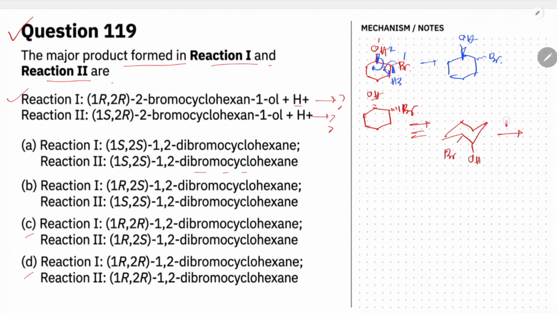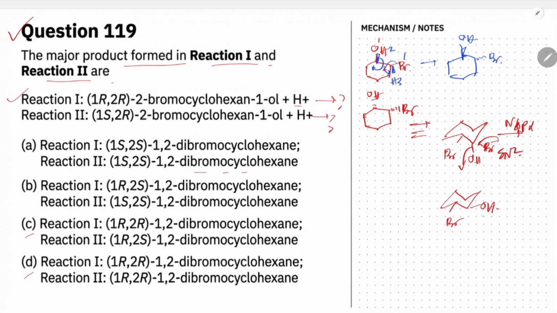So there is no possibility of NGP. So this follows the normal SN2 mechanism, meaning the Br minus will attack from the equatorial position and release this. So finally we will get this product, with bromine equatorial and OH also equatorial.